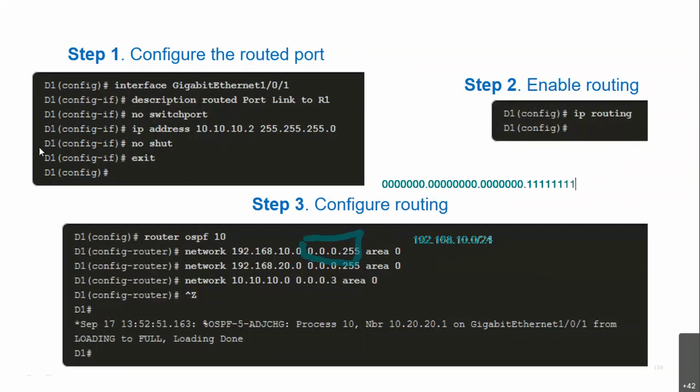That's why you get 0.0.0.255 here. Now, if I were to change that into EIGRP, it would look something like this. Let me change the color.